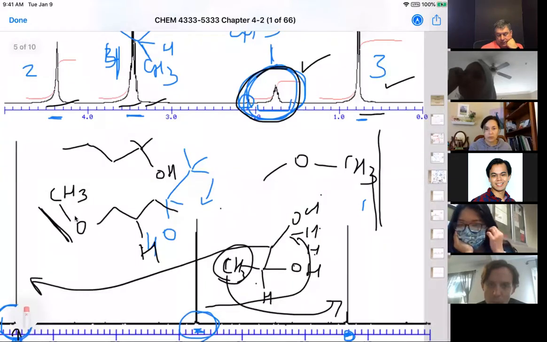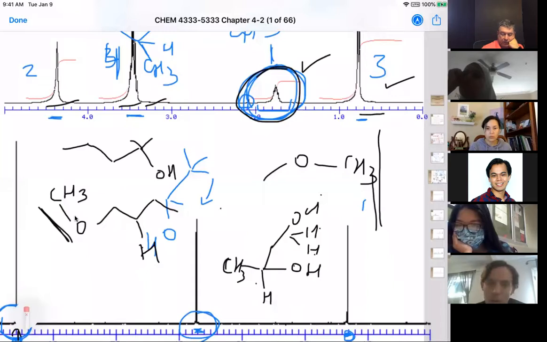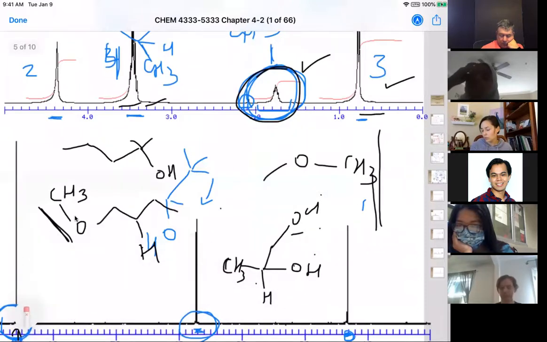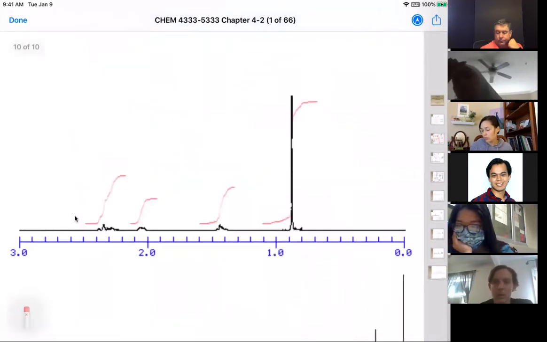All right, let's see if this is consistent. We have 3 that are here. We have 1 and 1. This right here would be split by that 1 hydrogen, but not split by this. This could also be an alcohol, and this could be that one here. So each of these, this is 2 alcohols here. So we just need a total of, let's see, we have 1, 2, 3. Oh, we have 1 more. That's where to go.